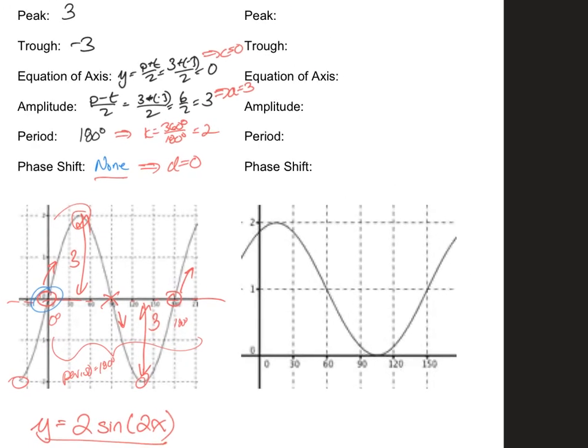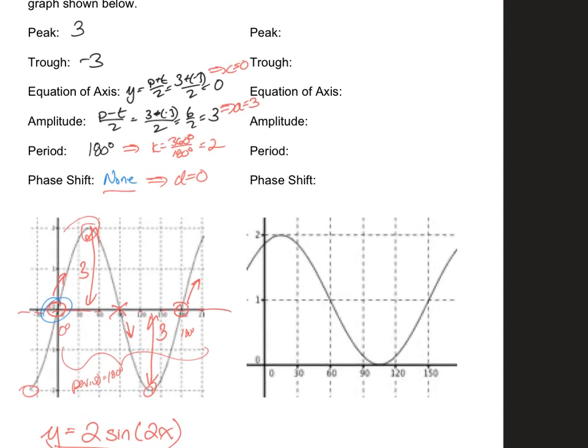For this other graph, we're going to do the same thing. So let's get the peak. The peak is going to be 2. The trough in this case is 0. So the equation of axes again is going to be the average of the two, which is peak plus trough over 2, which is 2 plus 0 over 2, which happens to be 1. And let's draw that, so we can see things, and maybe that will help me get my amplitude correct.